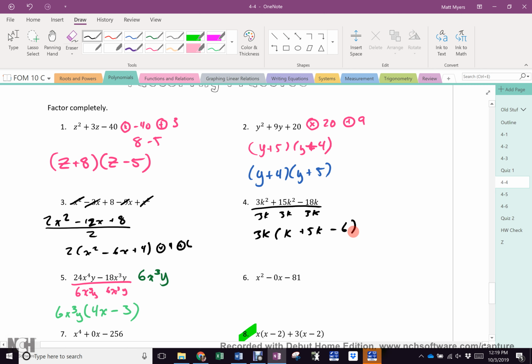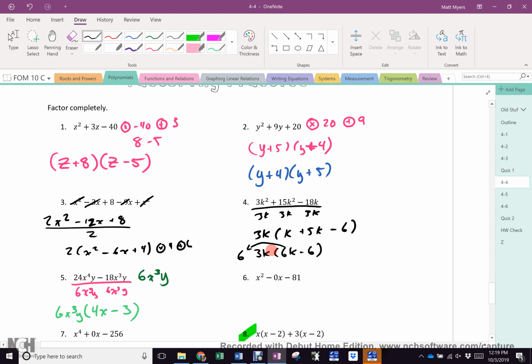And then hopefully she's going to see, hey, wait a minute, there's 1K and there's 5 more Ks. So then she would have 3K, 6K minus 6, and then hopefully she would see, oh, wait a minute, 6 and 6. I'm going to bring that 6 out here, and just like with square roots, 6 times 3 would get 18, and you would have gotten there anyway.